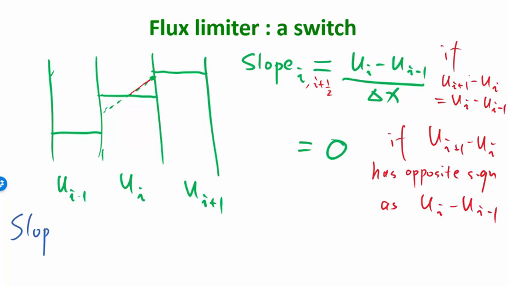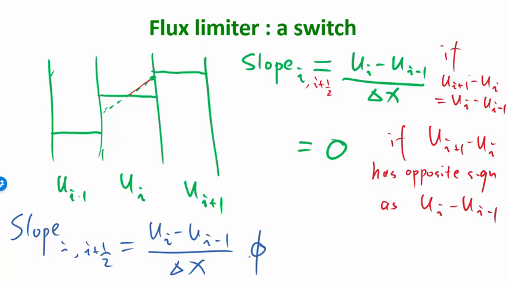So the slope from i to i plus half is going to be equal to (u_i minus u_{i-1}) over delta x times the limiter. The limiter I call phi. You're going to see the limiter is a nonlinear function. And the limiter phi is going to depend on the ratio of this value and this value.